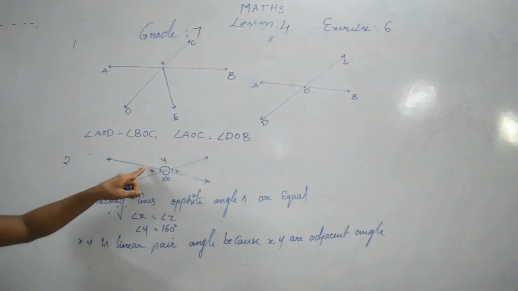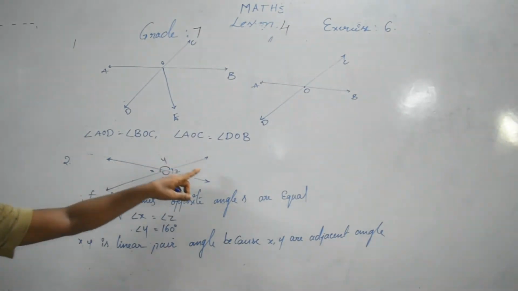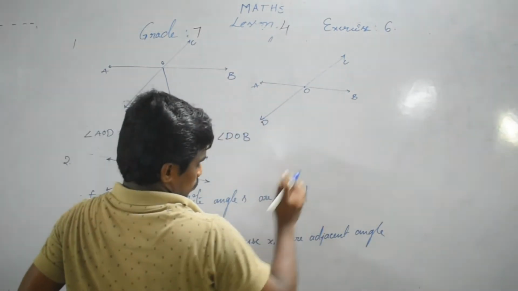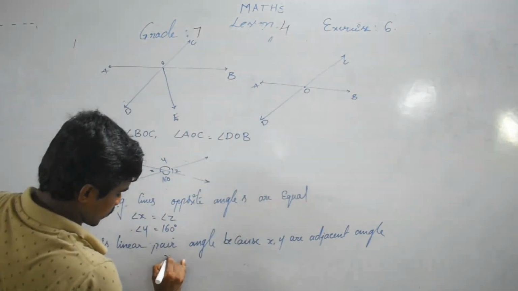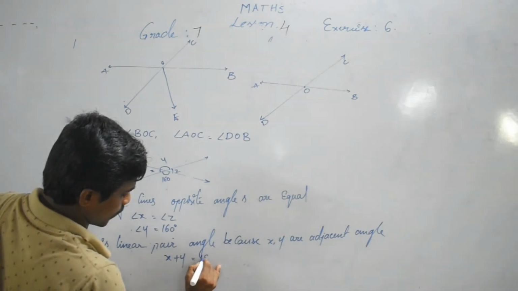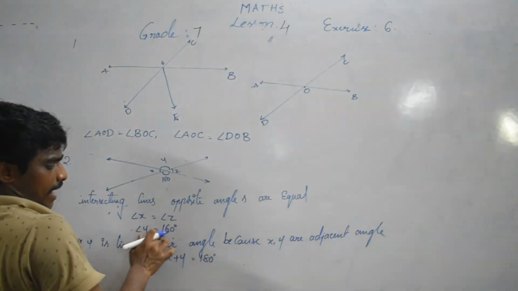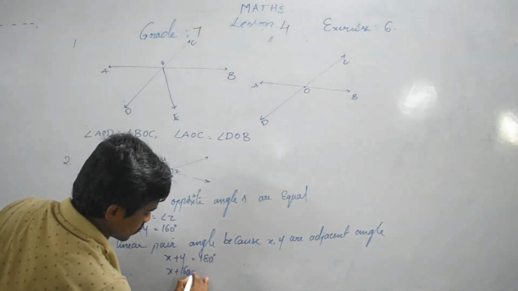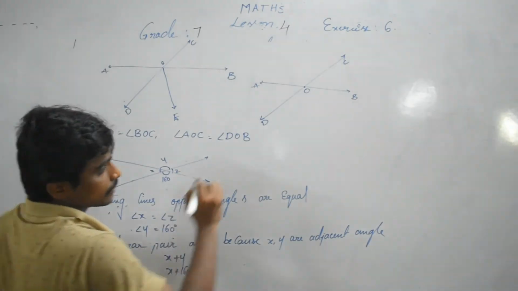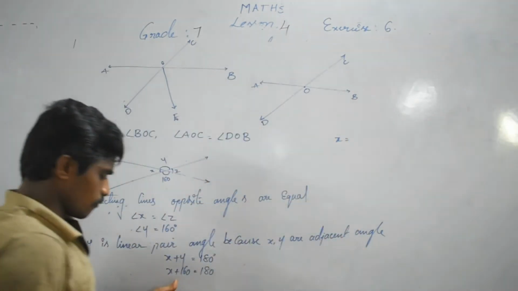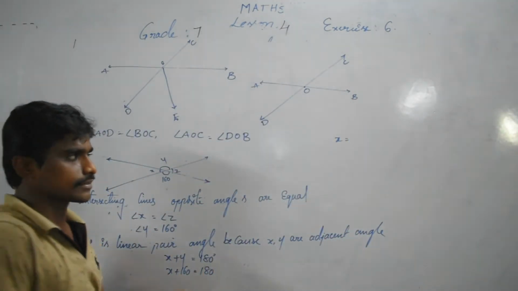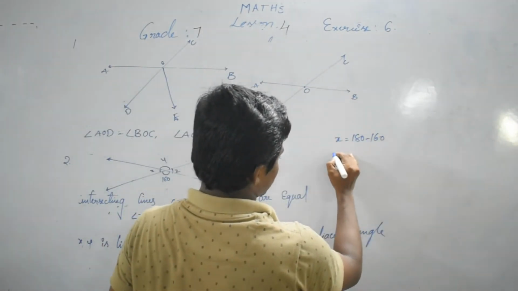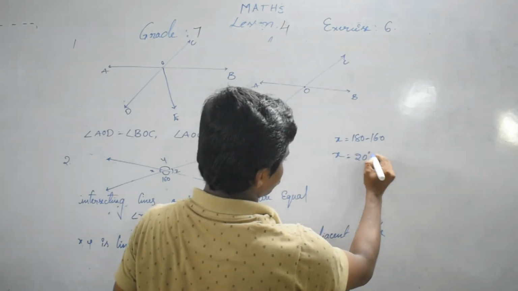The sum of two adjacent angles is equal to 180 degrees. So now write down x plus y is equal to 180 degrees. Angle y is how many degrees? 160. X plus 160 is equal to 180. X equals 180 minus 160, moving 160 to the RHS. X equals 20 degrees.